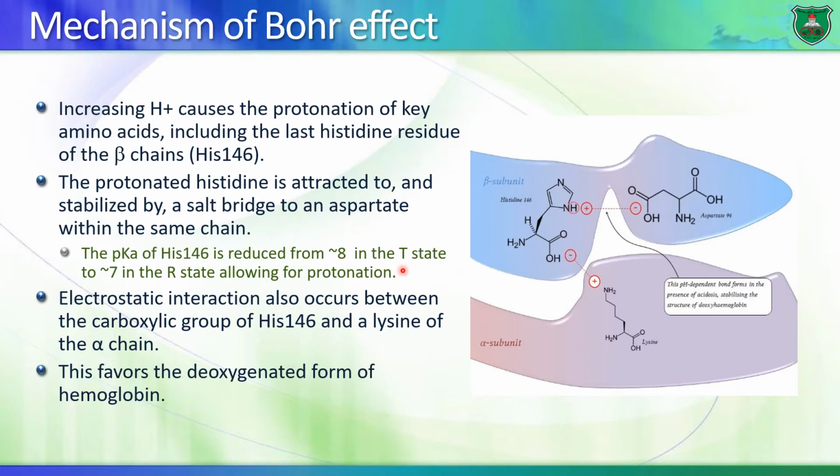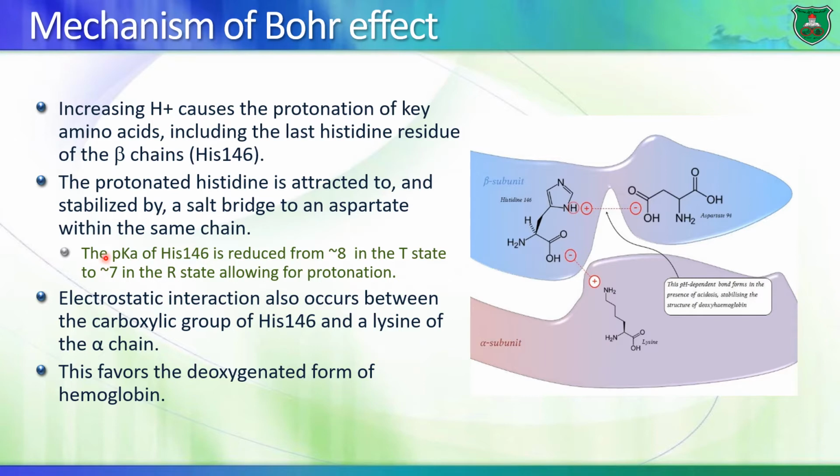So in this state, the group is 50% protonated and 50% unprotonated. Okay. Now, what happens with histidine 146 is that the pKa is reduced from 8 in the T state to 7 in the R state, meaning that in the R state, it's easier for histidine 146 to lose a proton.